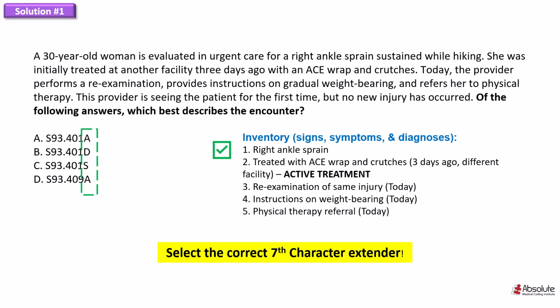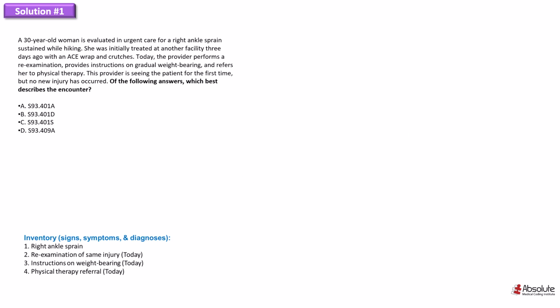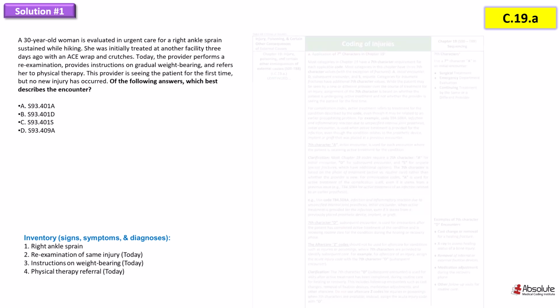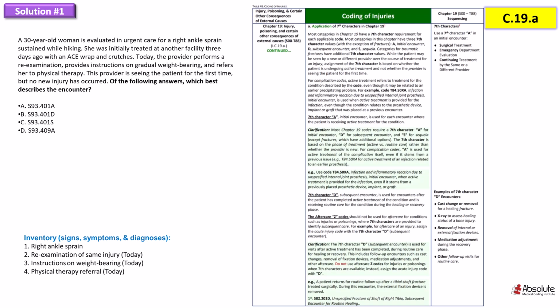Which ICD-10-CM guideline do we have to reference? Well, I like C19A. Here's why. Because this is the guideline that tells you about the application of seventh character extenders. And right away, we should just get rid of that S, because S is the seventh character extender for a sequela, for an injury that is a residual effect of another injury that occurred in an acute phase.